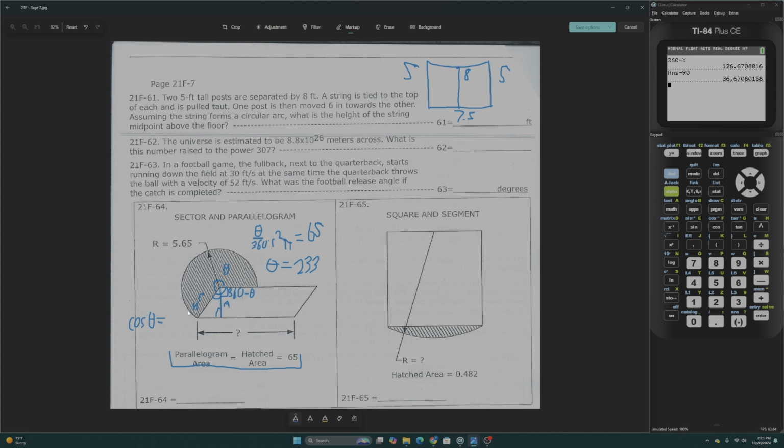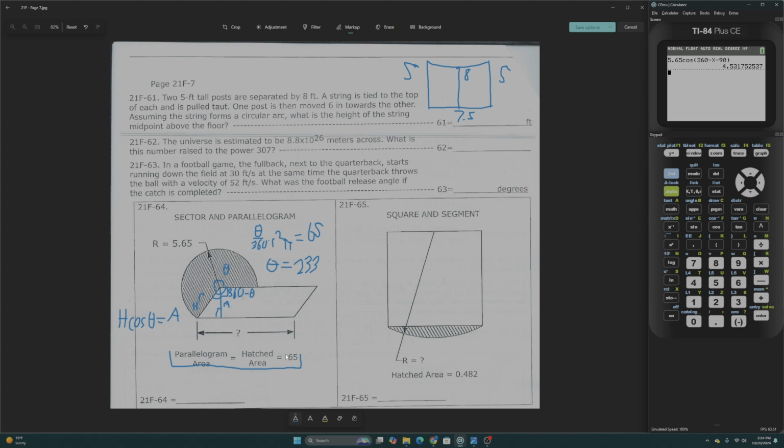So we multiply each side by h to put h out front. The hypotenuse is r, which is 5.65, times the cosine of 360 minus x minus 90. Took a while, but there we go. So now I know a is 4.53.